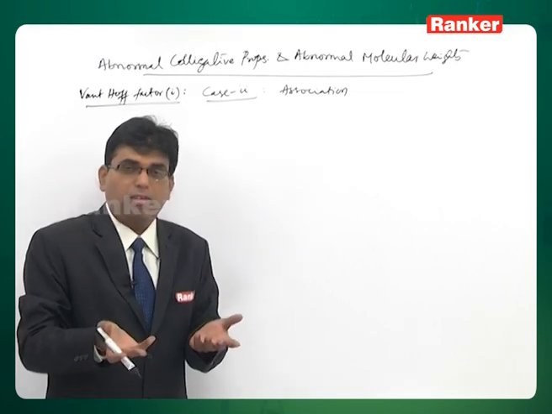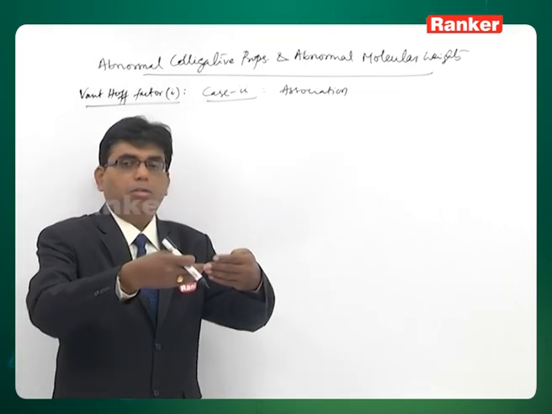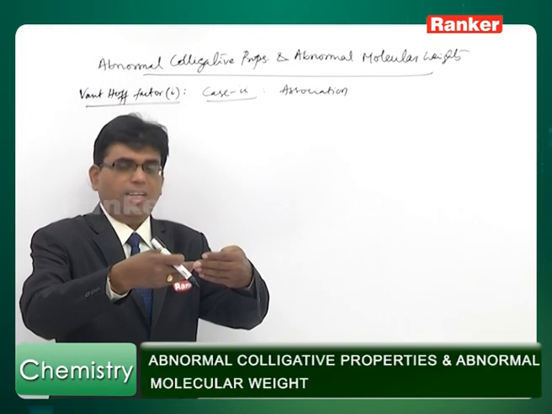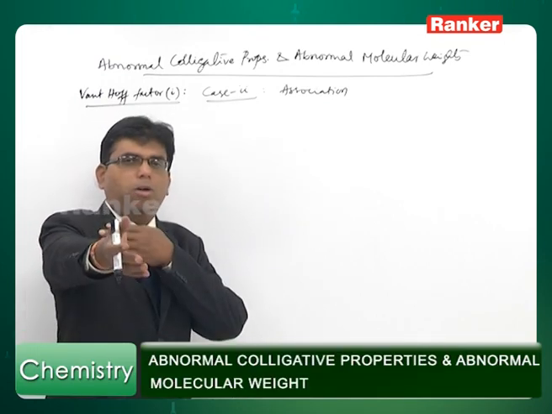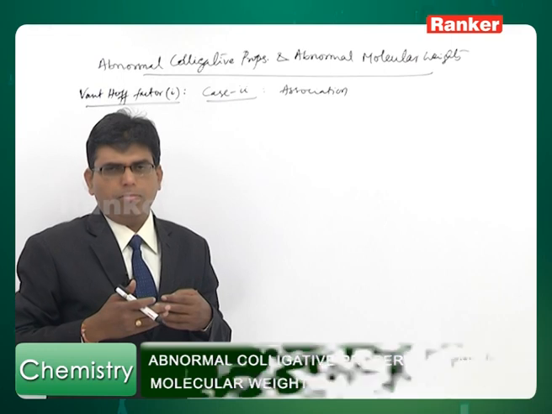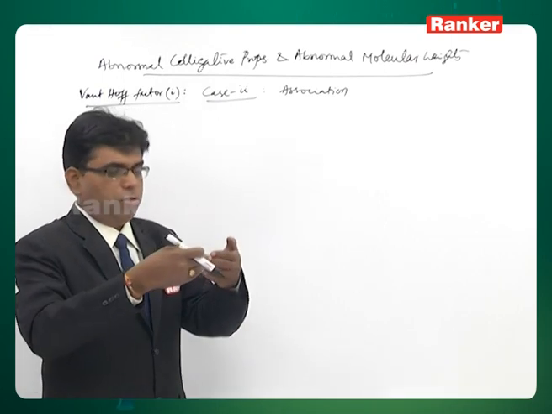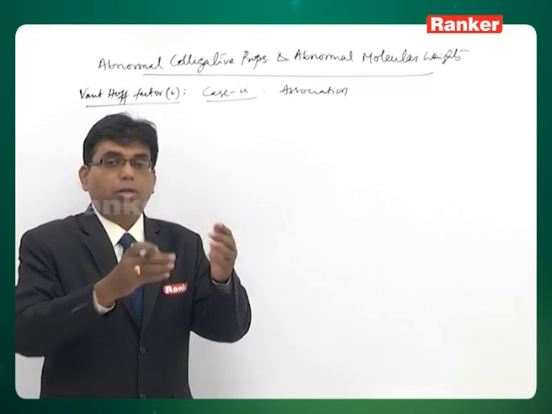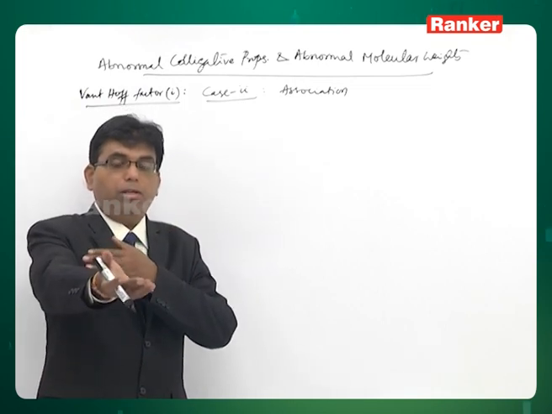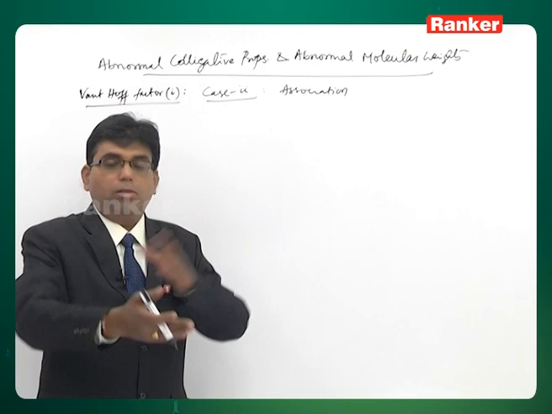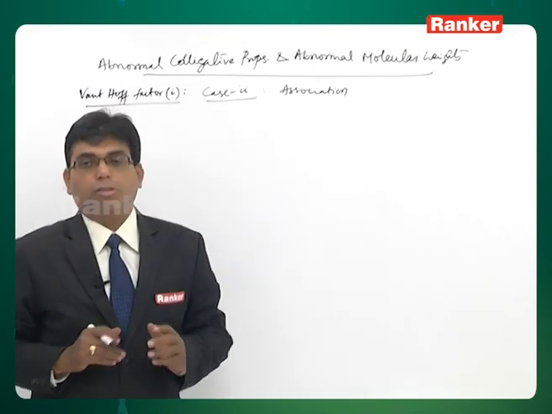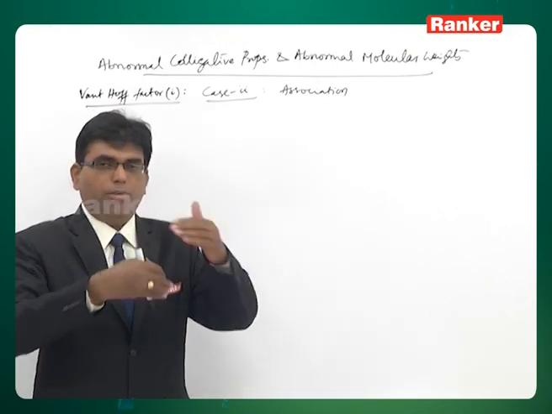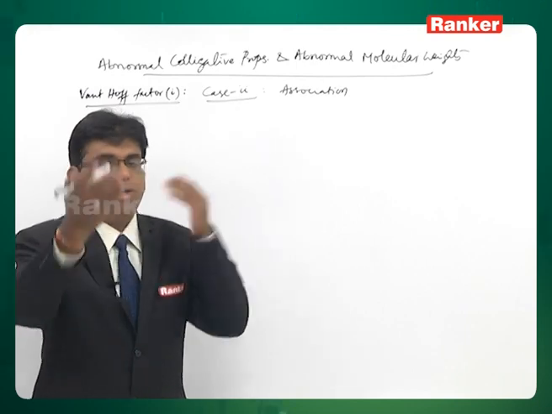What is a polymer? Many monomers getting added up to one another to form a long chain polymer. That is association. In that case, to form 1 mole of a polymer, you have to take n moles of solute in the solution at the beginning.